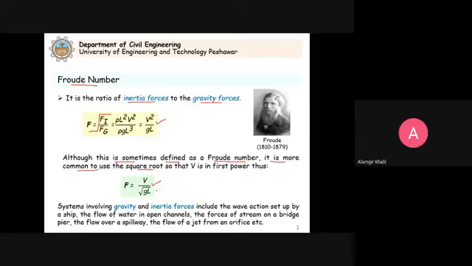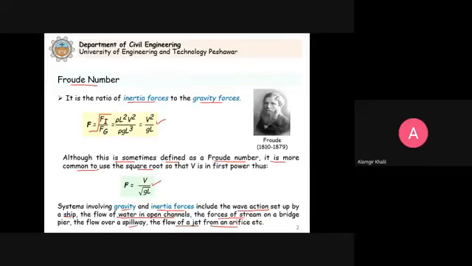This is important because, for example, these are the cases where the gravity and inertia forces are important: wave action set up by a ship, the flow of water in open channels, the forces of a stream on a bridge pier, spillways, and the flow of a jet from an orifice.